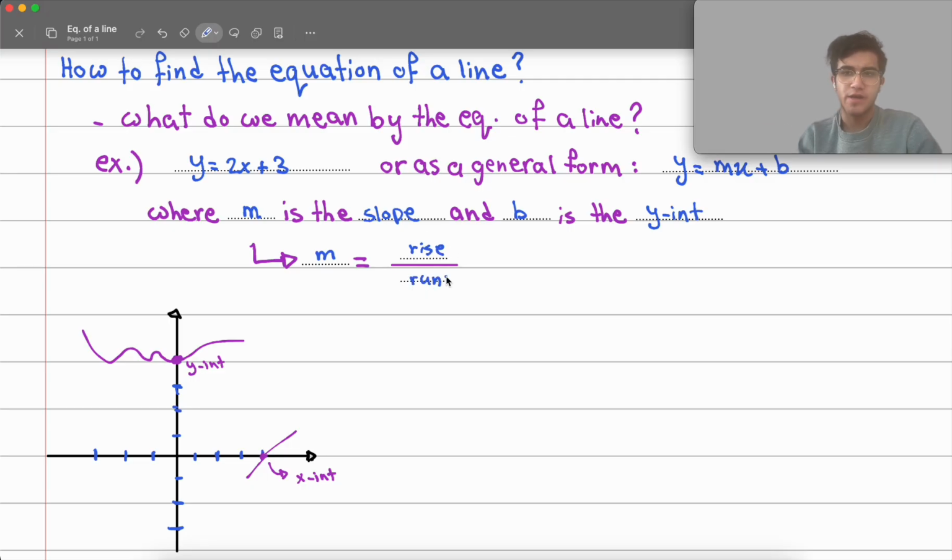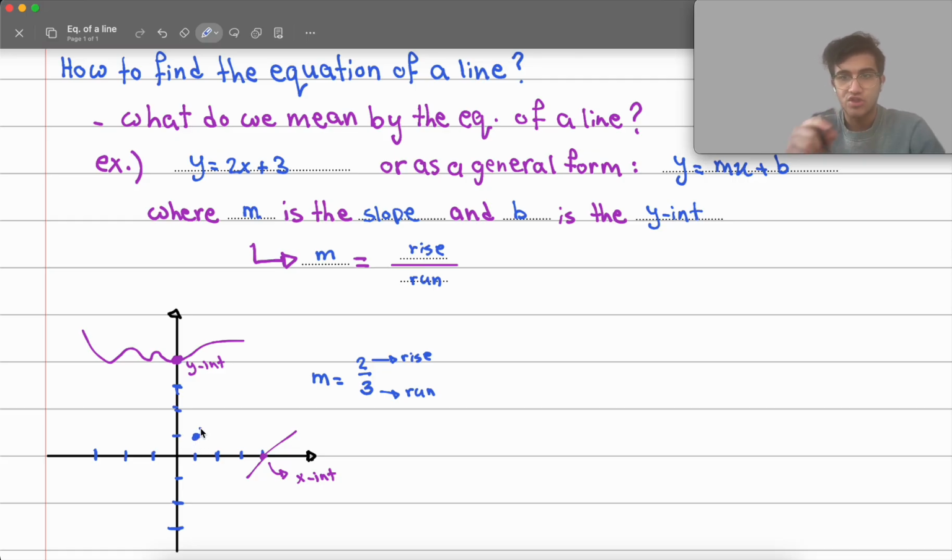What do we actually mean by rise over run? We mean that if I have a line with a slope, for instance, let's say 2 over 3, this 2 tells us the rise and this 3 tells us the run. I have a point, for instance, with coordinates 1 and 1 on this graph.